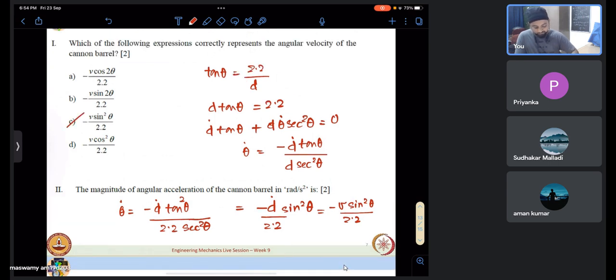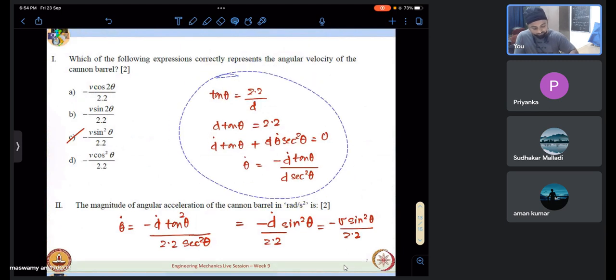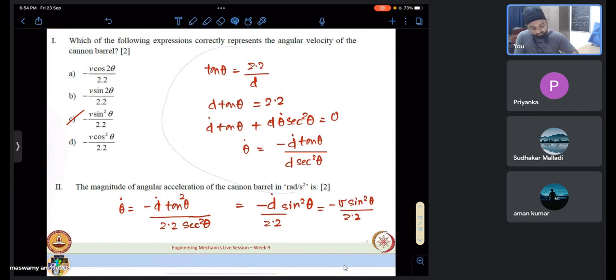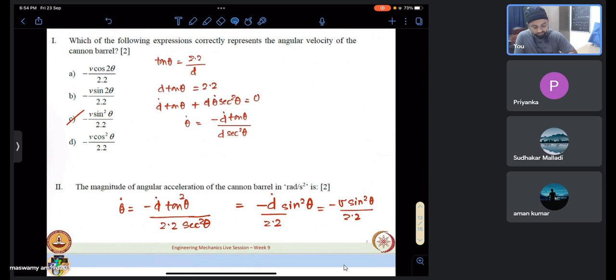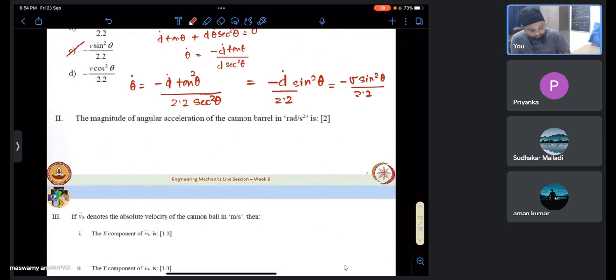So we know that theta dot now is minus v sin square theta upon 2.2.